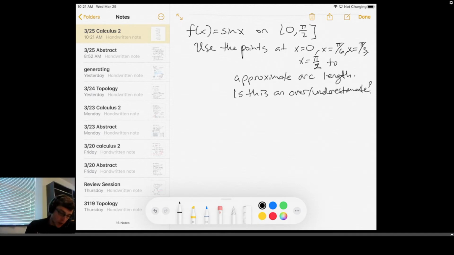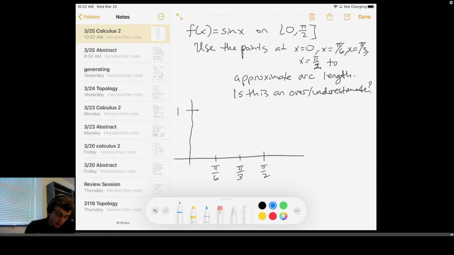So let's draw it. If you notice, pi over 6, pi over 3, pi over 2 are equidistant, so they're all pi over 6 from each other. I'll do pi over 2 here, and then this is about thirds, pi over 6, pi over 3, and sine goes up to 1.